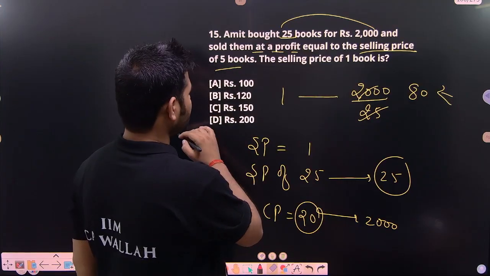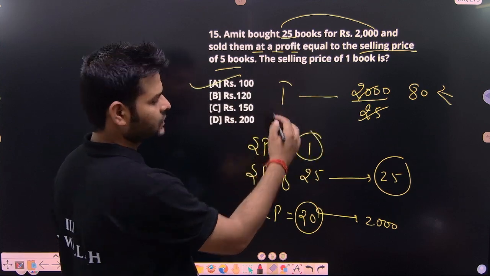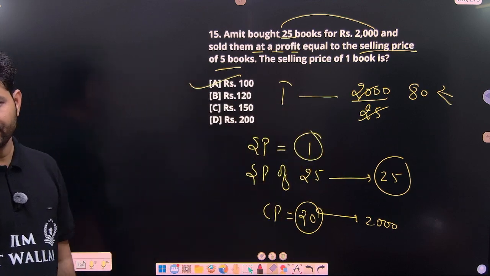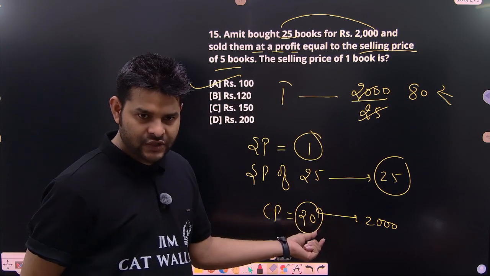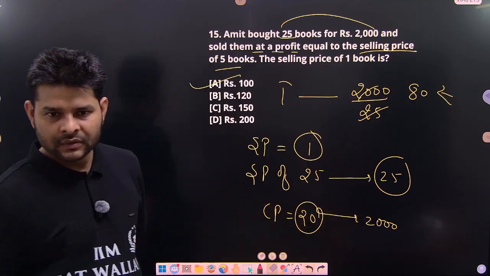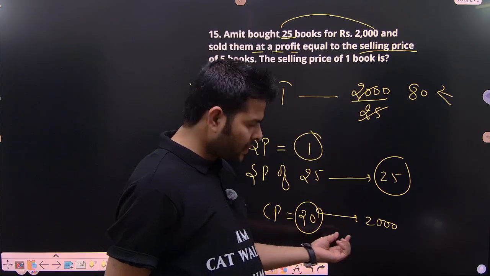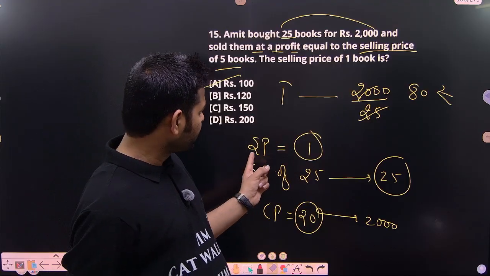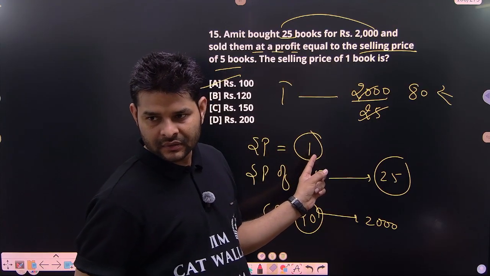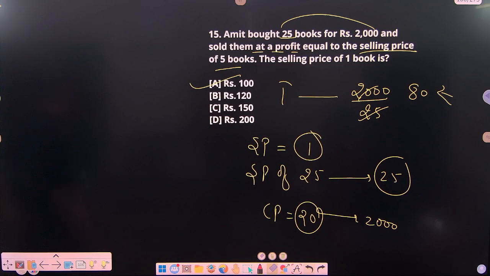So 1 unit would be 100. 1 unit cost would be 100. In these 20 units, 2,000 is already included. So 20 units represent 2,000, 1 unit represents 100, and we have calculated SP as 1 unit.